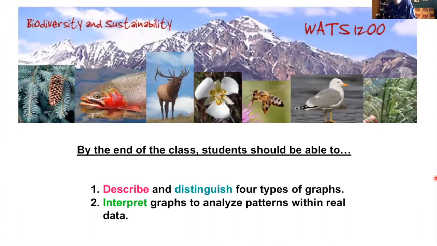The way I like to start out this class is by first asking, what should a graph really do? The main thing a graph should do is convey the most amount of information as simply and as quickly as possible.